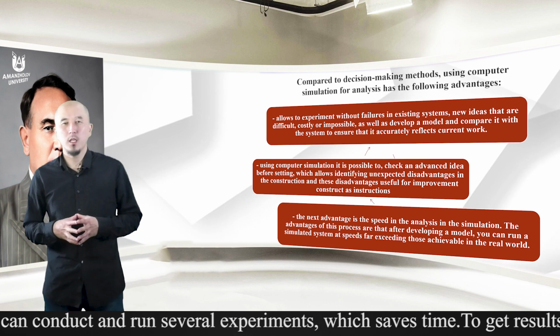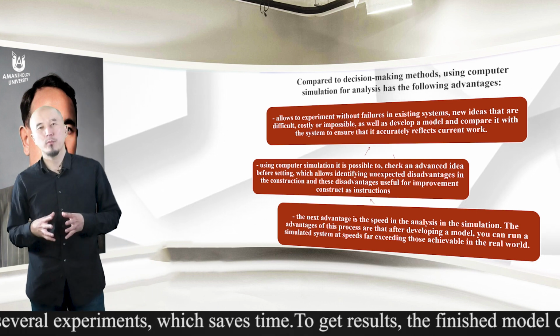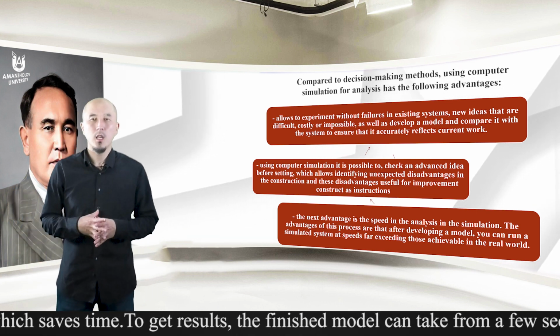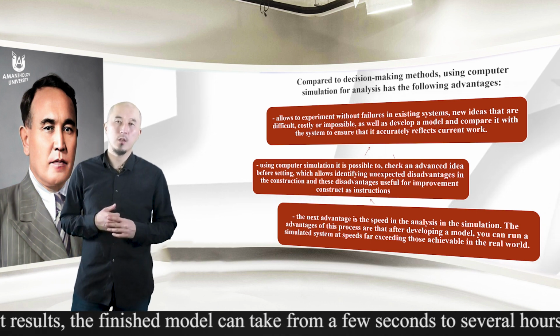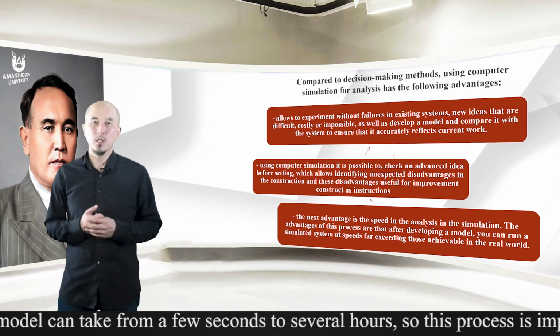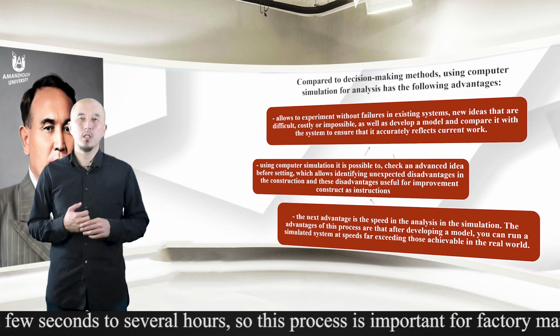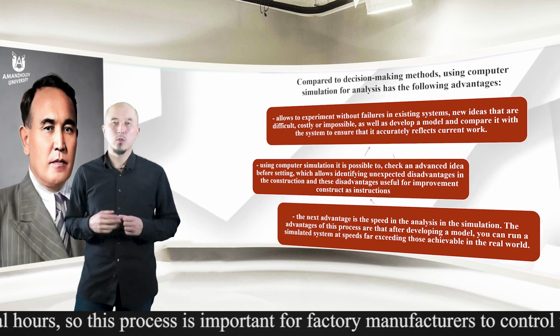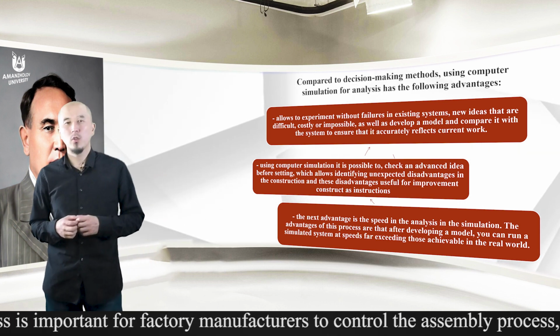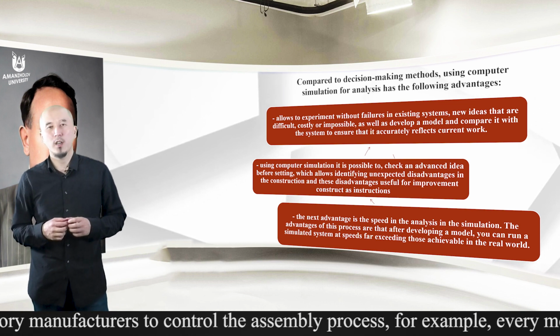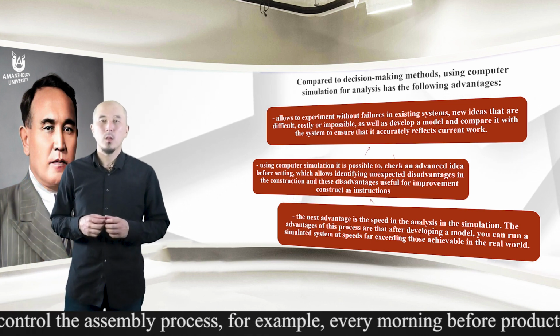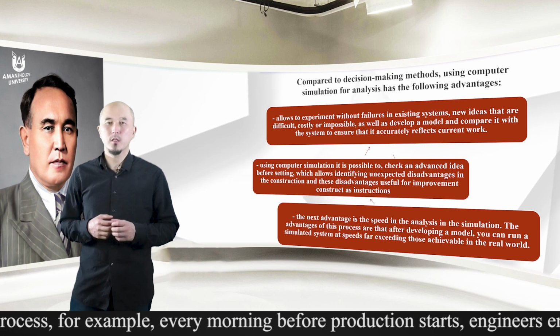With many modeling languages, you can conduct and run several experiments, which saves time. To get results, the finished model can take from a few seconds to several hours. So this process is important for factory manufacturers to control the assembly processes.